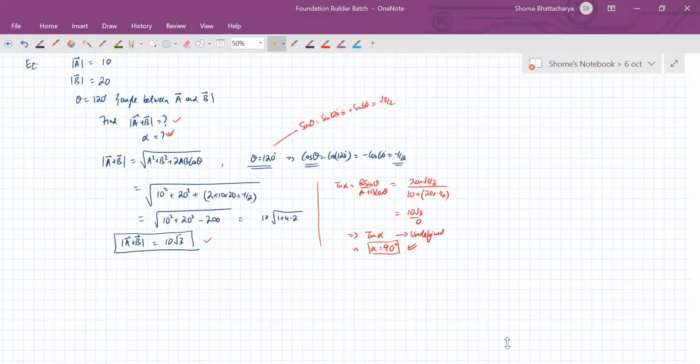No, it's not necessary to, Twisha, as far as we are concerned, the problem is completed now. We were just asked to find mod a plus b and alpha, and we found that out. So we got the answer. 10 root 3 is the value of mod a plus b, and the angle is 90 degrees. Okay. So as far as we are concerned, the problem is completed.